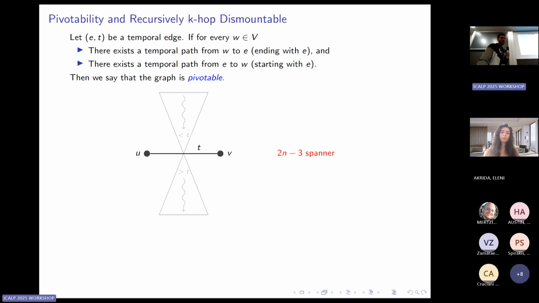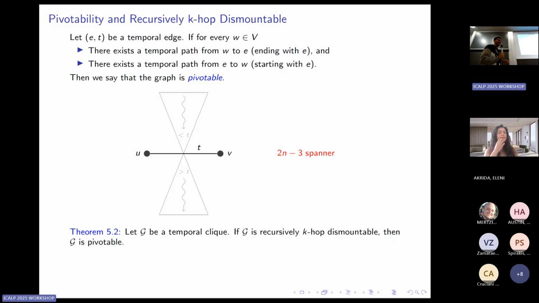On the other side, another technique to find spanners in temporal graphs is the one of pivotability. A pivot is a temporal edge that can be reached by everyone before its time, and after its time can reach everyone. If you find this in a temporal graph, then you get a 2n minus 3 spanner, and you are very happy.